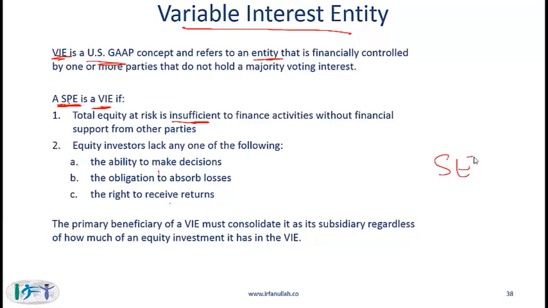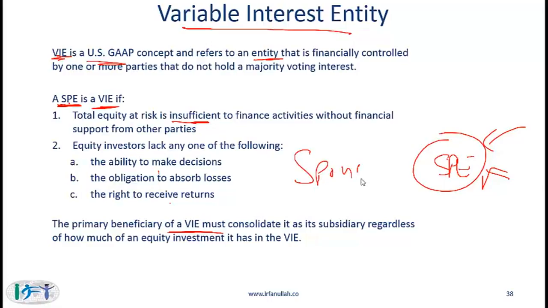So if we have this SPE created and there are external shareholders, but they cannot make decisions or they do not have the right to receive returns, or if they are protected from losses because the sponsor is taking care of the losses, absorbing the losses, then the SPE is classified as a variable interest entity, and the primary beneficiary of the variable interest entity, which would be the sponsor, would then have to consolidate the SPE as a subsidiary regardless of how much the equity investment might be.